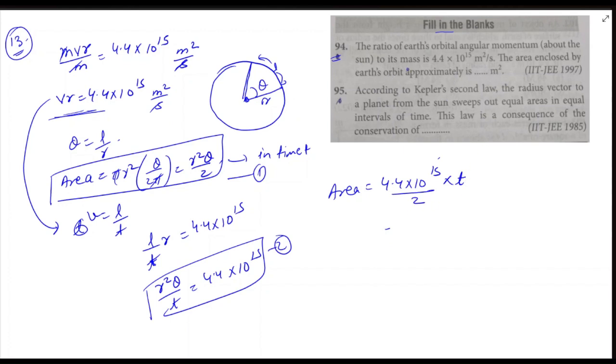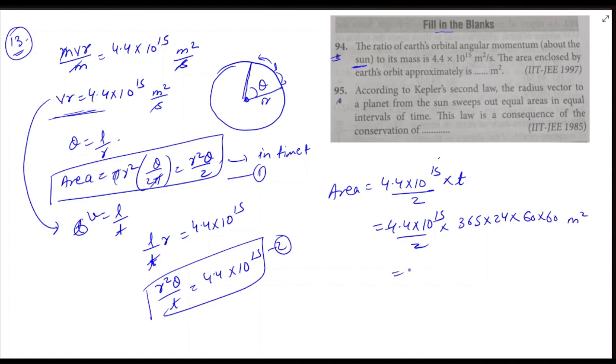Now the earth completes one rotation about sun in 365 days, right? So we'll just write 4.4 into 10 raised to power 15 by 2 into 365 into 24 into 60 into 60. So 60 into 60. This is our meter square.